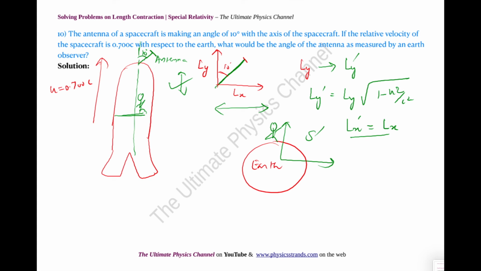Therefore, we can write from what is given as tan 10, that is angle 10 degrees, it is making, is a ratio of the two sides, so it is Ly over Lx. Similarly, in the S prime frame, we can write tan theta is equal to Ly prime over Lx prime.